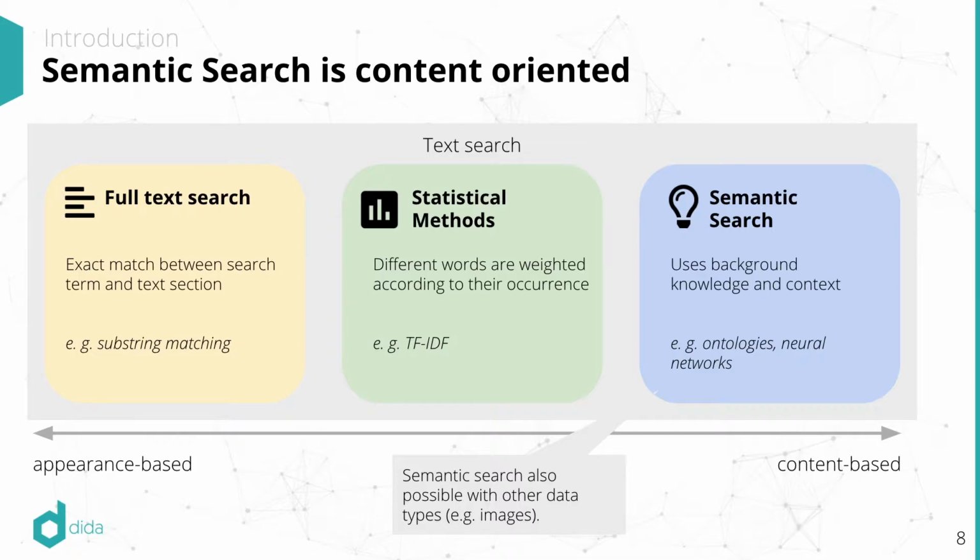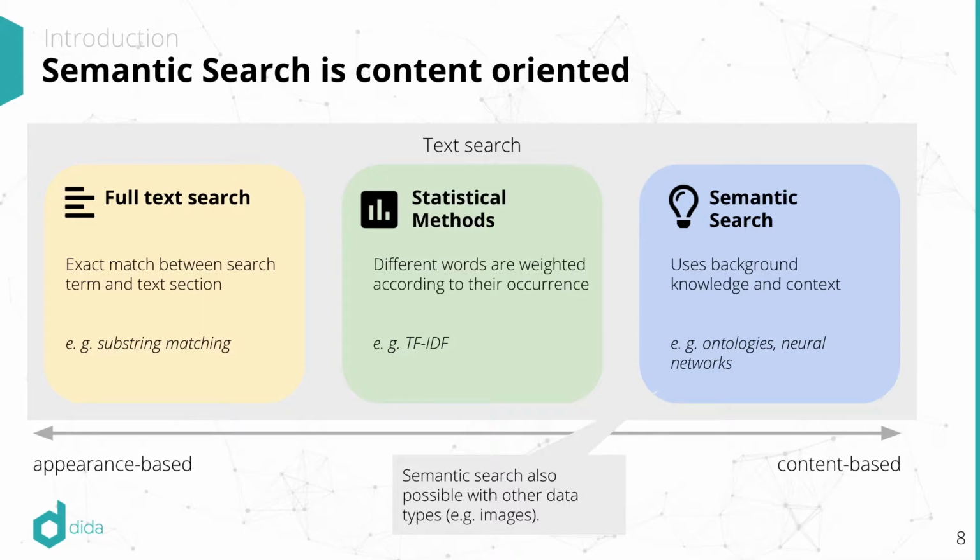For explanation purposes, one could split up different text search methods into 3 categories, although they are not mutually exclusive. Starting with full text search, we are very much on the appearance-based scale of text search methods, and full text search would be really just looking for the exact word in your search query and trying to find it in a certain text section.